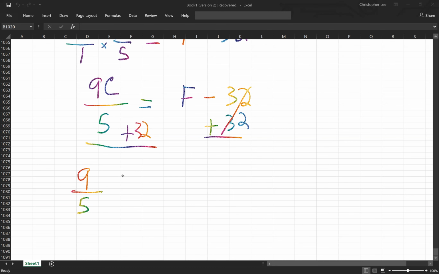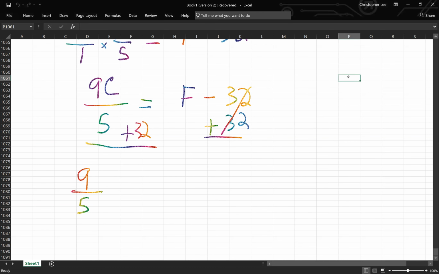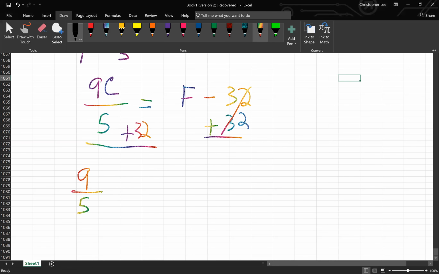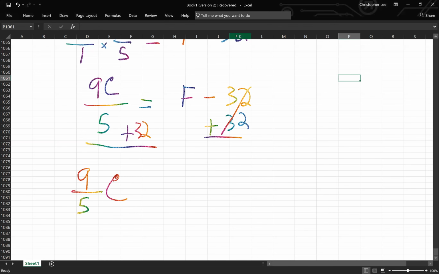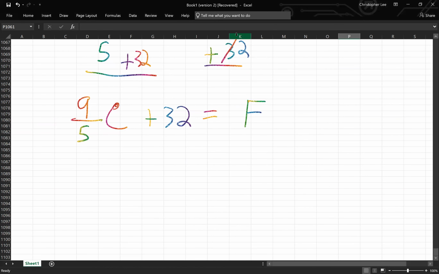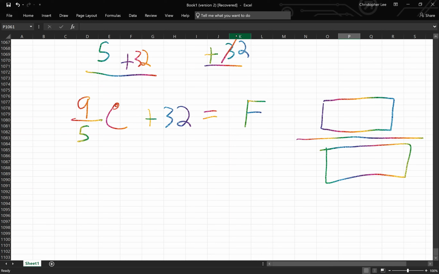So I have 9/5C plus 32 is equal to F. Now, I would accept this answer fully, but if you're in one of those situations on WebWork where they're telling you, we want it in a split fraction kind of form, what is a numerator, what is a denominator?